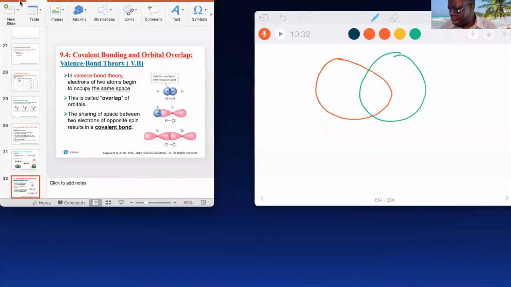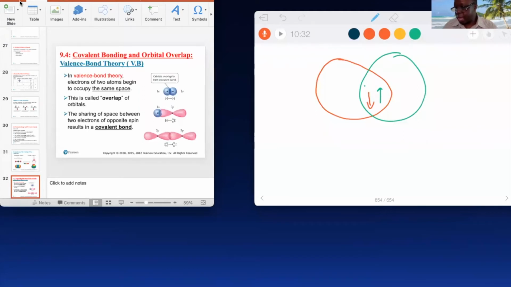From what we learned earlier on, if this is the electron from the second hydrogen and the electron from the first hydrogen.